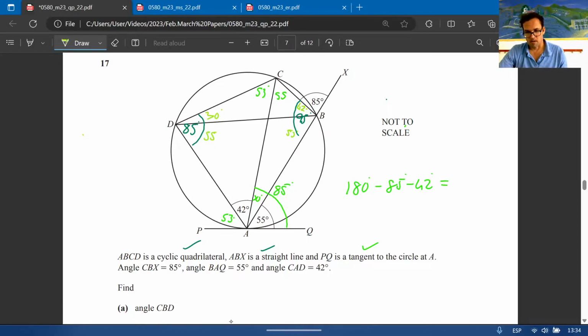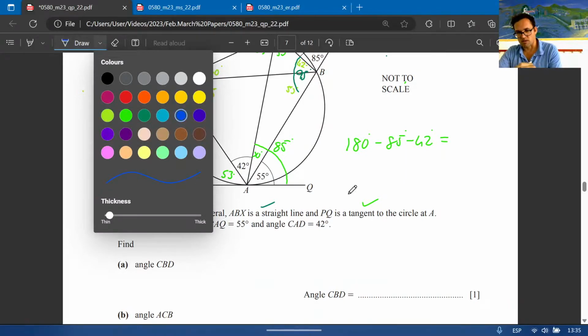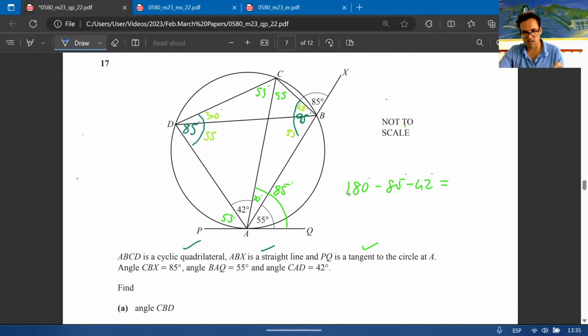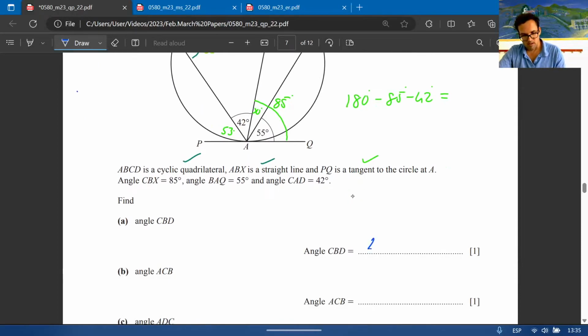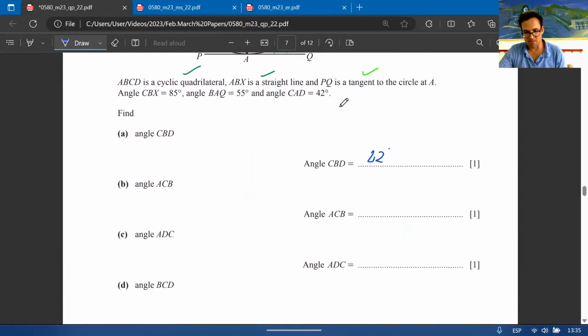So now we can go to the answers and we can just fill them out. First, CBD. We already had that one. That's 42. They're not asking for any reasons. ACB, we got that one already, 55.